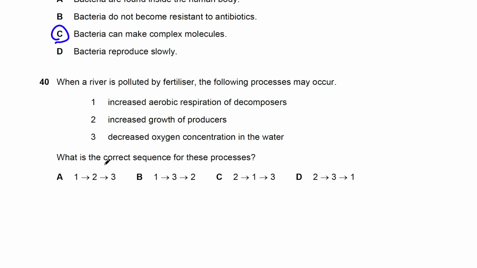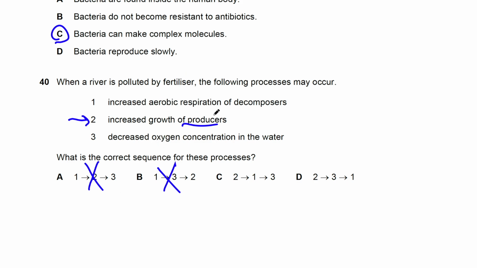Okay. Now, the correct sequence, sure, we have to start with the producers. As I mentioned, like algae. So we will start by which number? Number 2. Again, the skills of excluding answers, I will exclude directly A and B. Now I have only C and D. Now, what comes after the growth of producers?